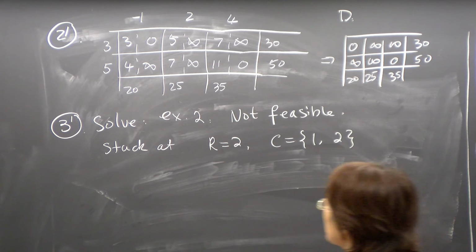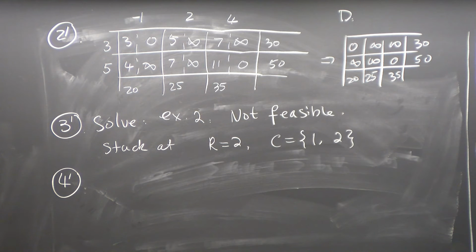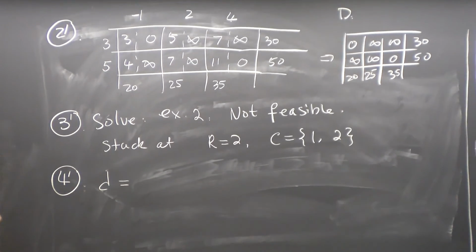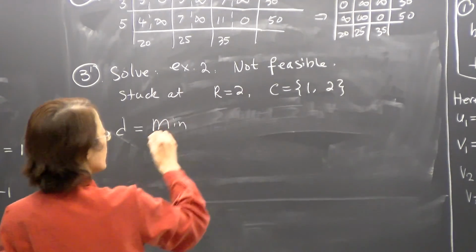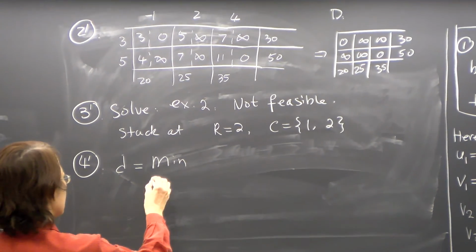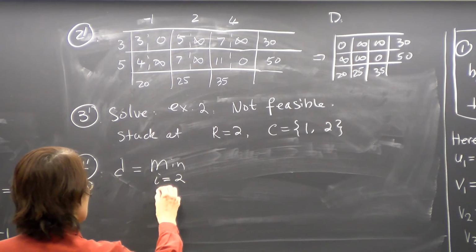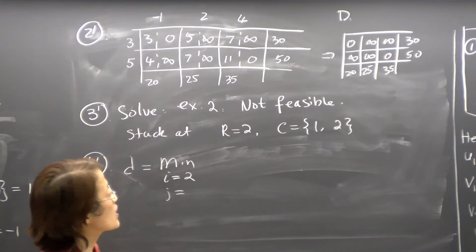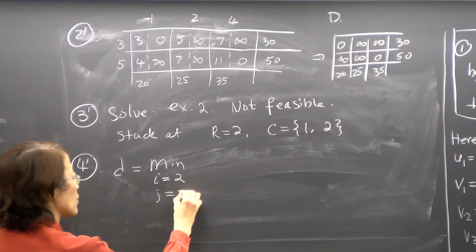So that's step 3, and then we need to go to step 4 and redefine. So that means it doesn't work. So step 4, let's compute the D again. So what will we be taking minimum over? Minimum over I equals R, that is 2, and J not equals C. C is 1 and 2. The only number that's not in it is 3.